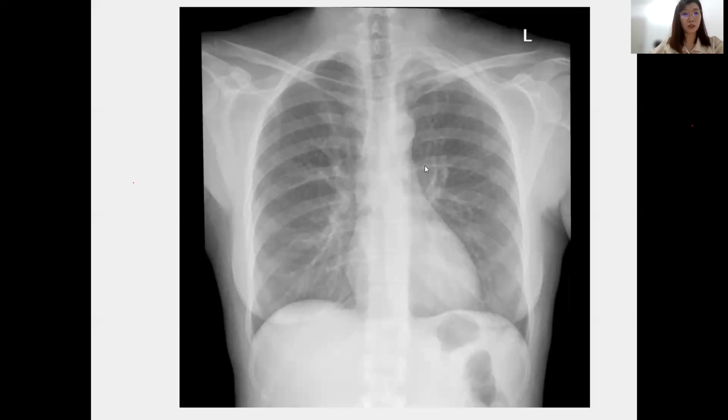Somebody said normal, underexposed. There's no collapse, definitely no collapse. Interstitial lung disease? No. Looks like it, but it's not. Some of our X-rays also look like this, interstitial, but actually normal because of the penetration of the machine. Good try, good try.